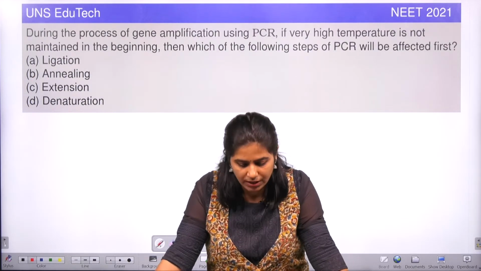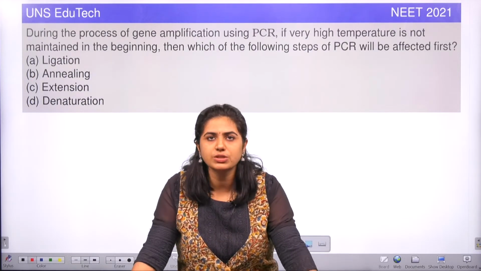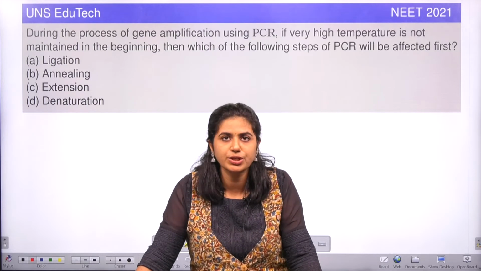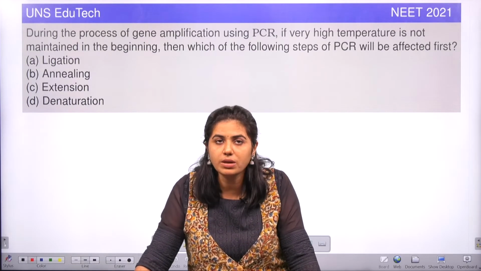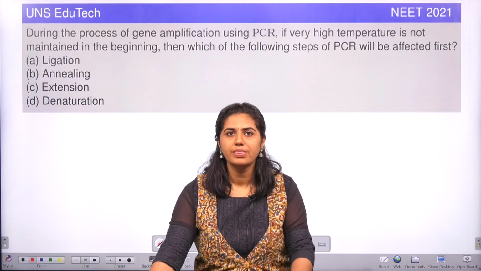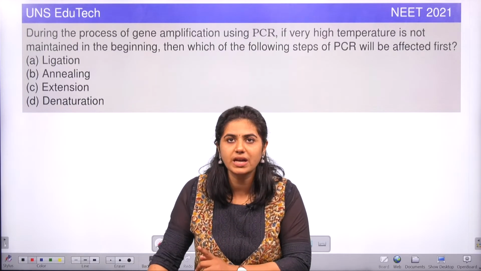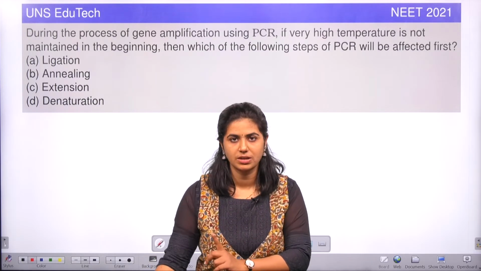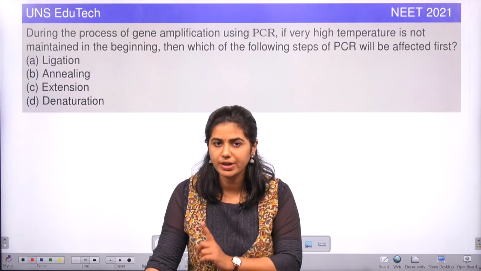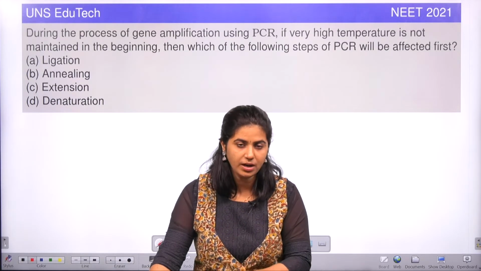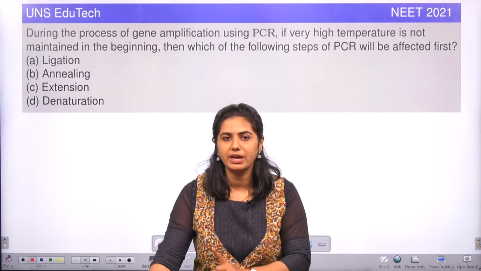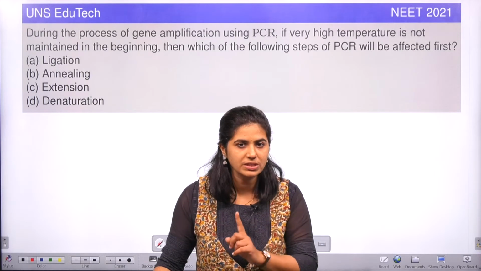Here the question is, during the process of gene amplification using PCR, if a very high temperature is not maintained in the beginning, then which of the following steps of PCR will be affected first? Just now we have seen the different steps.